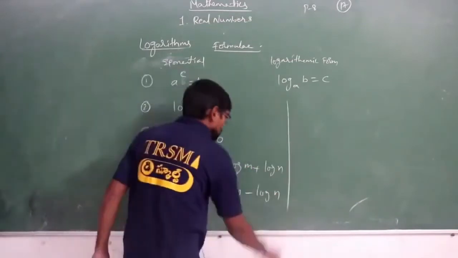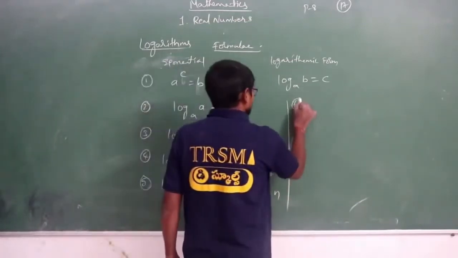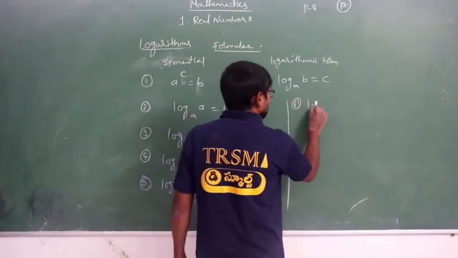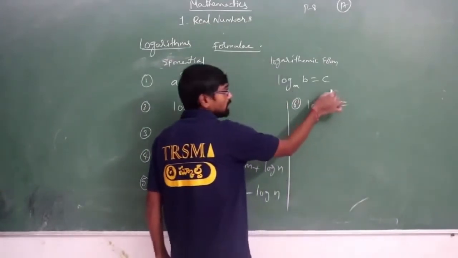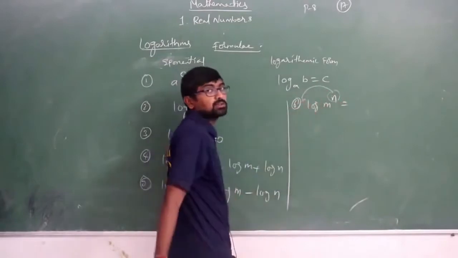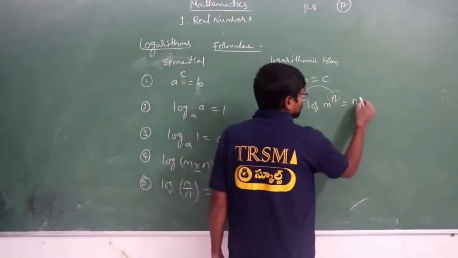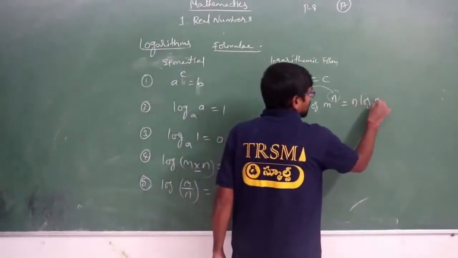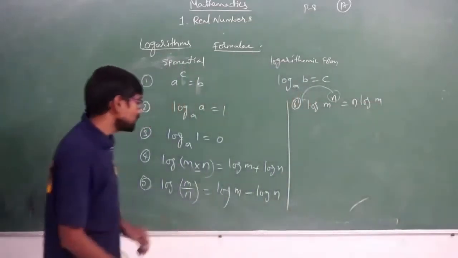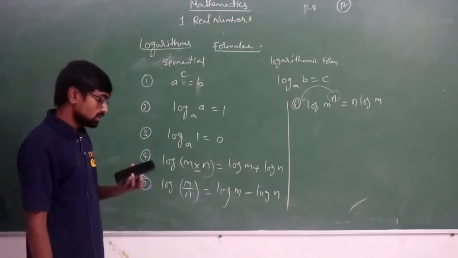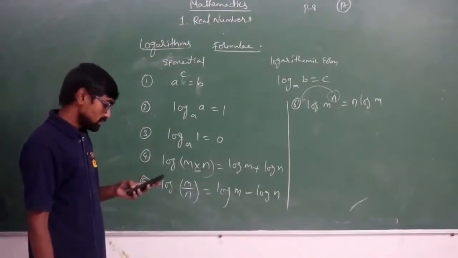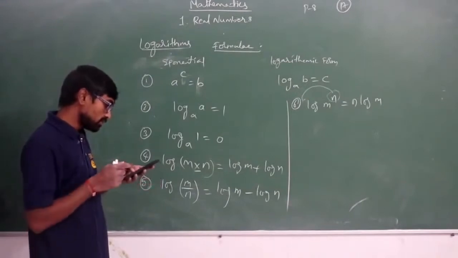Similarly, log m power n: if you have a power, it will multiply the logarithm, so n log m. These are the main important formulae which you have to remember in this exercise. These formulas are very, very important.